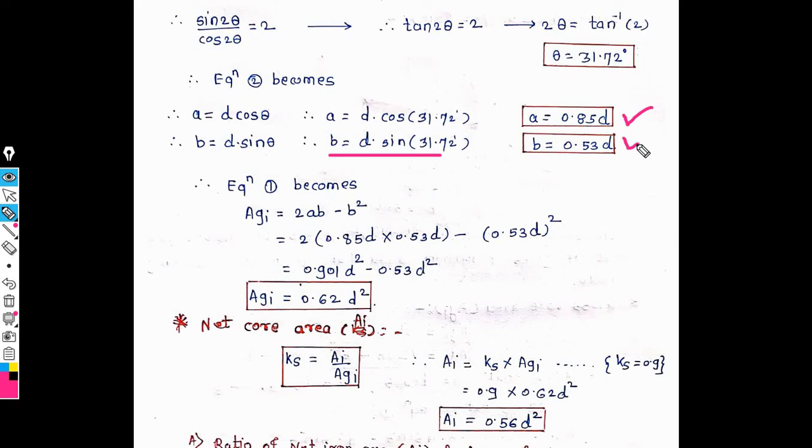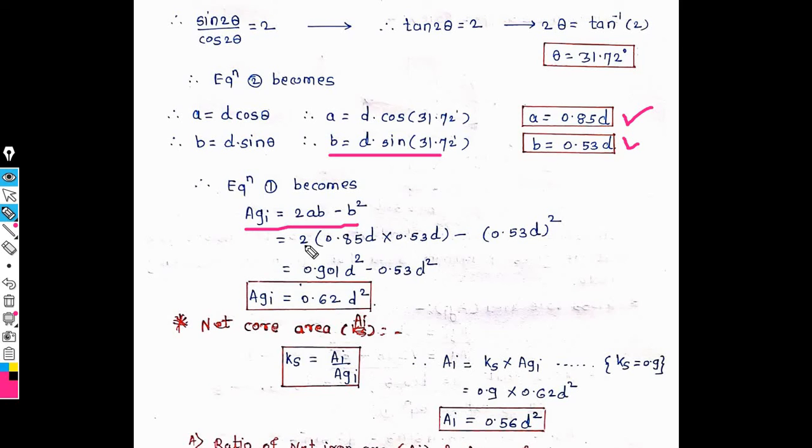That means we have found the dimensions of A and B, and these dimensions A and B are used in the cruciform core or two-step core. Then we need equation number 1, that is AGI is equal to twice AB minus B square.